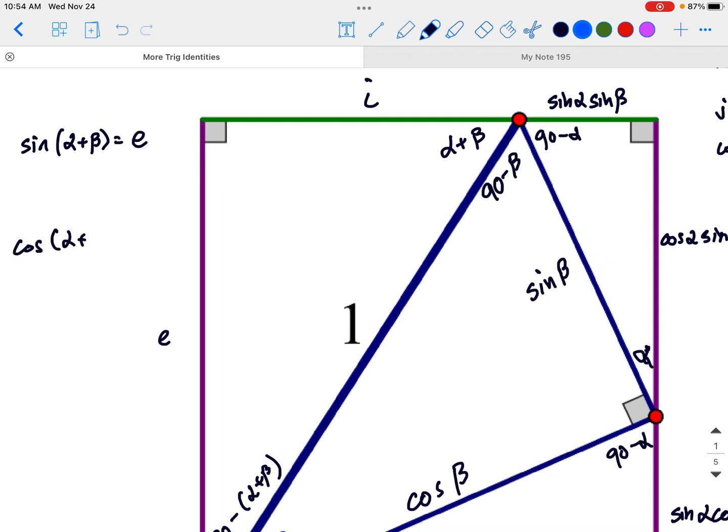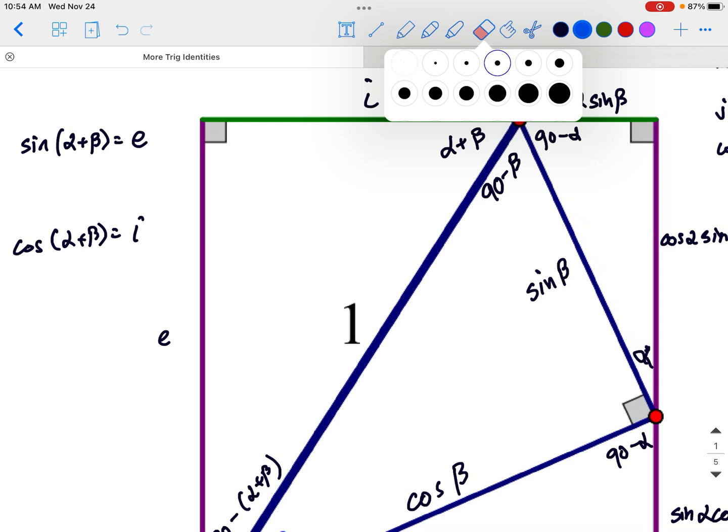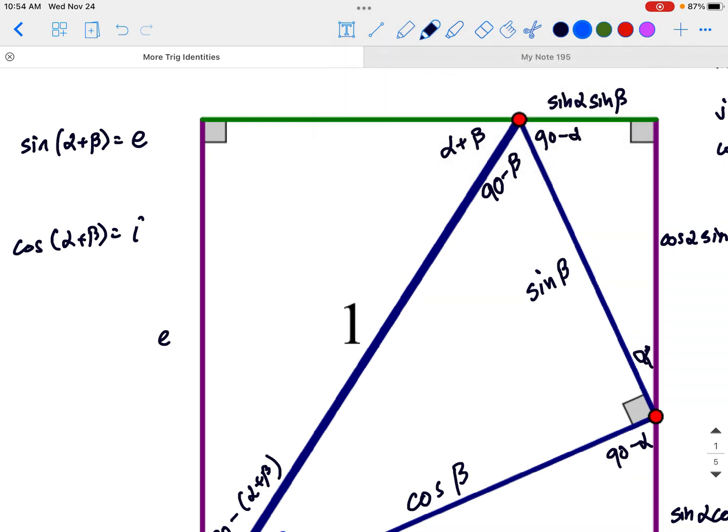And then cosine of alpha plus beta is going to be I. So this is cosine alpha plus beta. And then this is going to be sine of alpha plus beta.